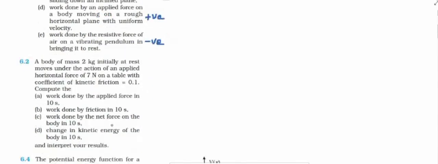Okay. Now come to question 2. A body of mass 2 kg initially at rest moves under a force in the horizontal direction, a force of 7 Newton. Okay, so what are the quantities given?